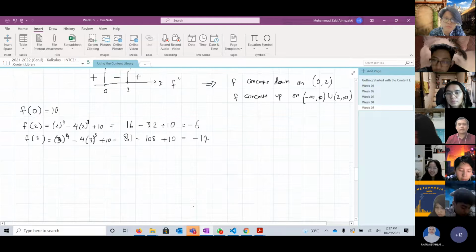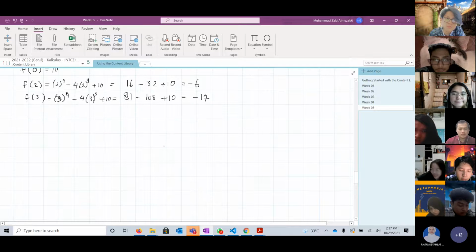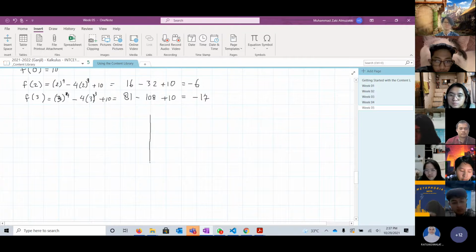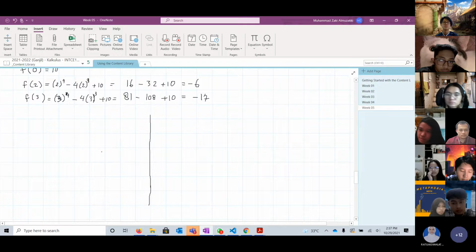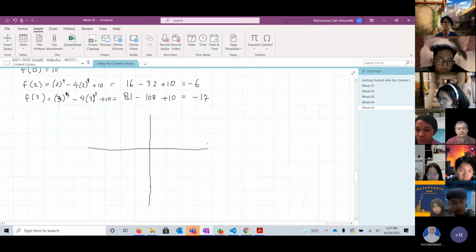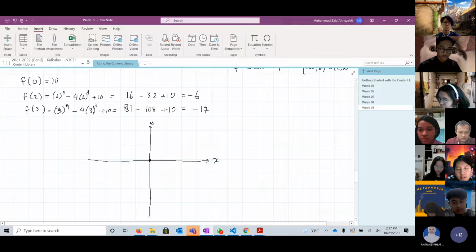Okay, now we have all the points needed, so we can draw it like this. Here is x and y. At point 0, the value of the function is 10.